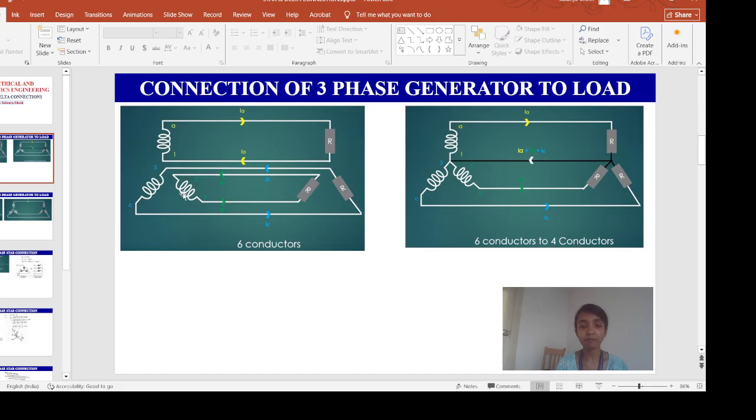Now we can see for each phase system, if we consider this one, the current IA is flowing from the generator side, going through the load, and then returning back through this path.